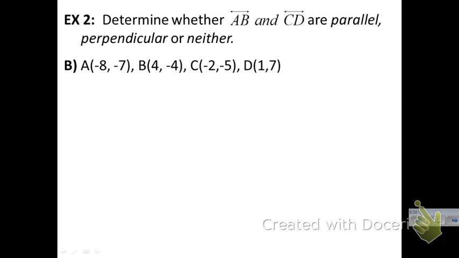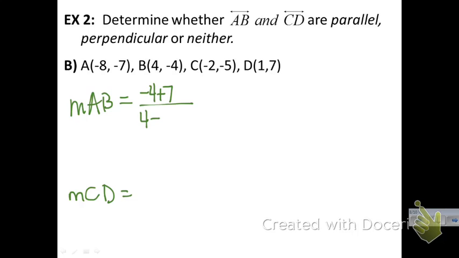On B, we're doing the same thing, finding the slope of AB and the slope of CD, and then we'll compare them. For AB, we have -4 minus a -7, so plus 7, and 4 minus a -8, plus 8. That gives us 3 over 12, and this reduces to 1/4.